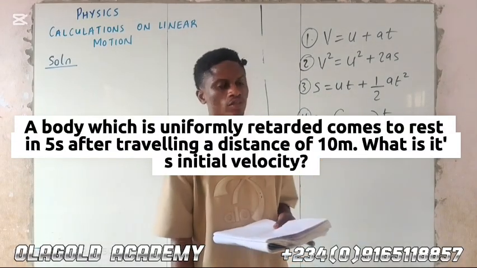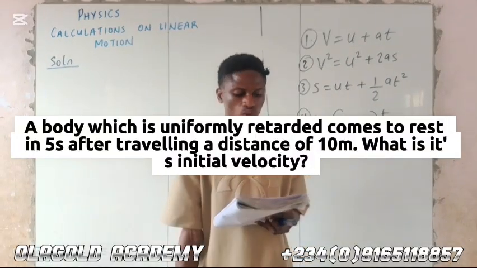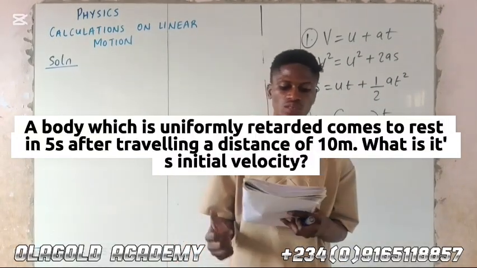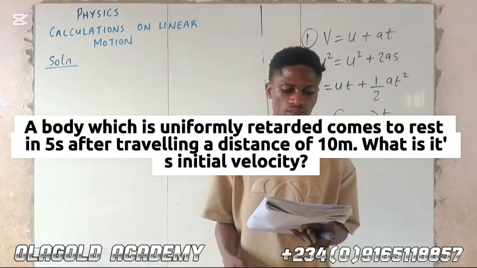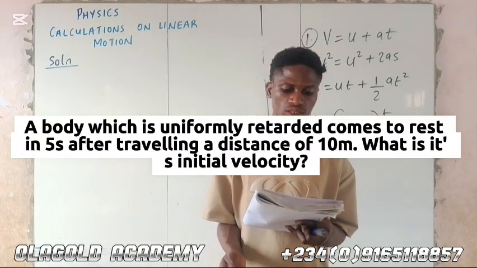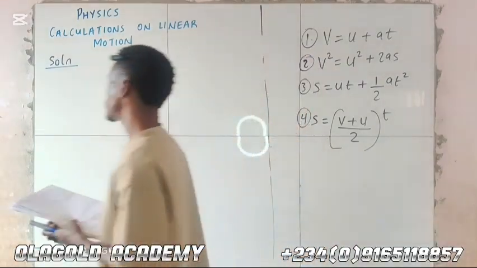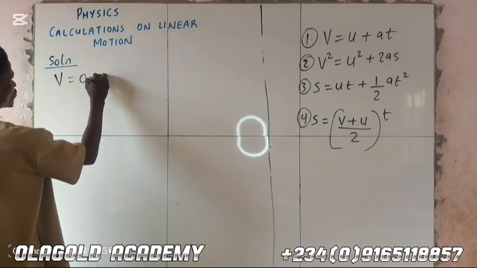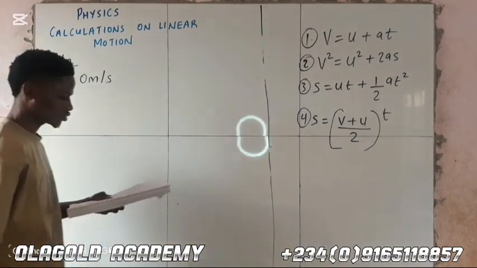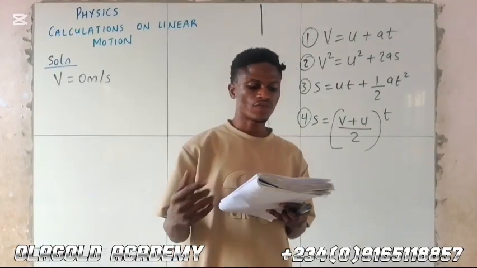Let's see how we can solve that question. Now let's read the question jot by jot. A body which is uniformly retarded comes to rest. So the body comes to rest, which means the final velocity equals 0 meter per second.